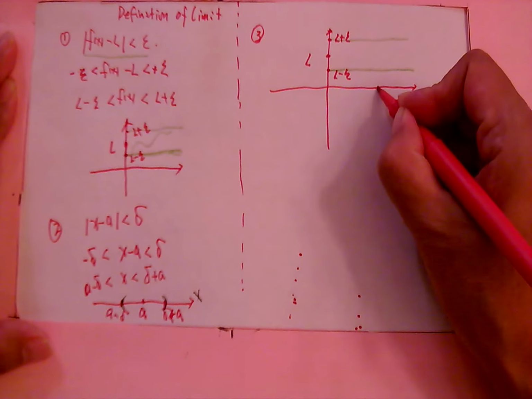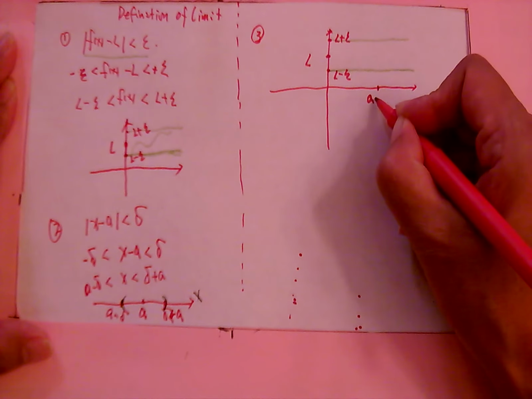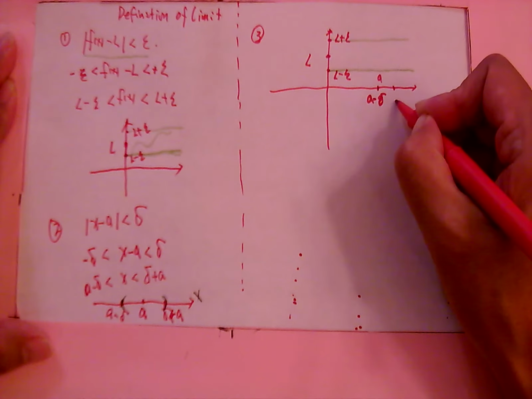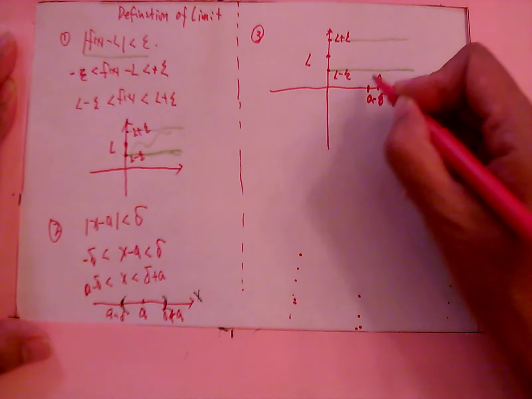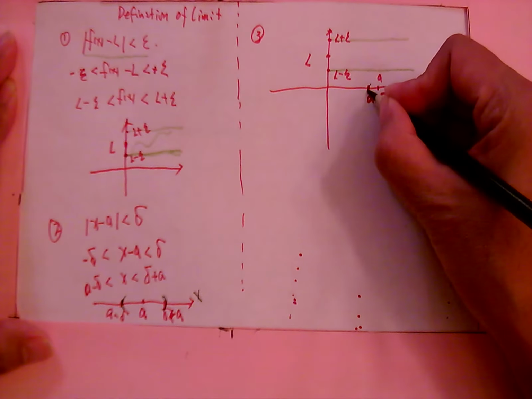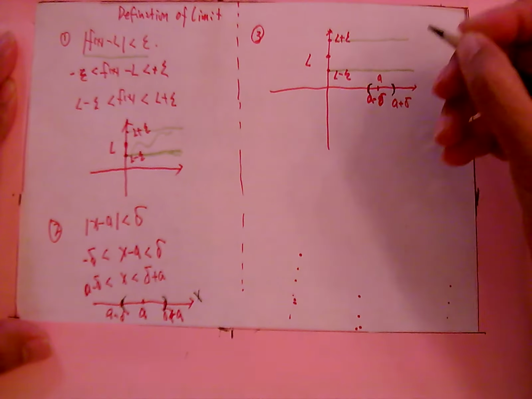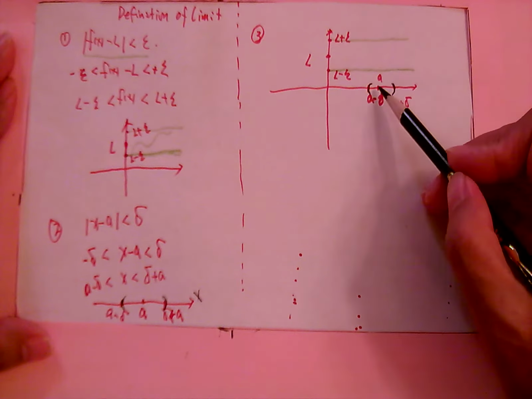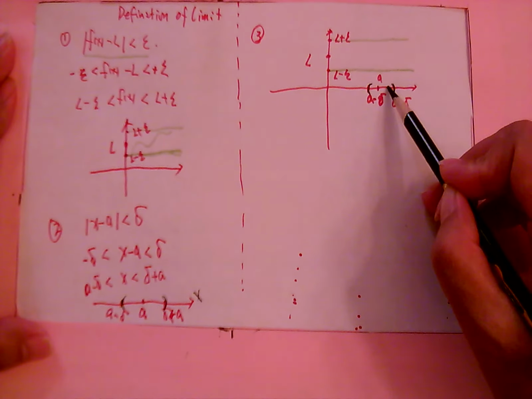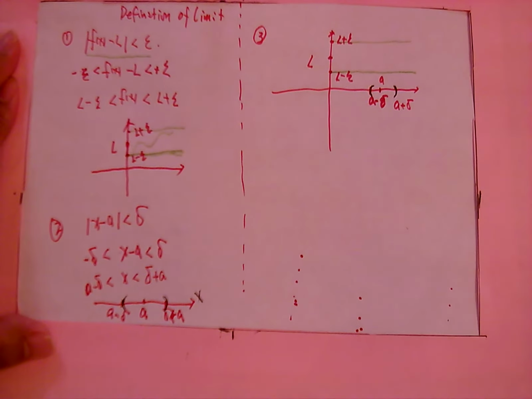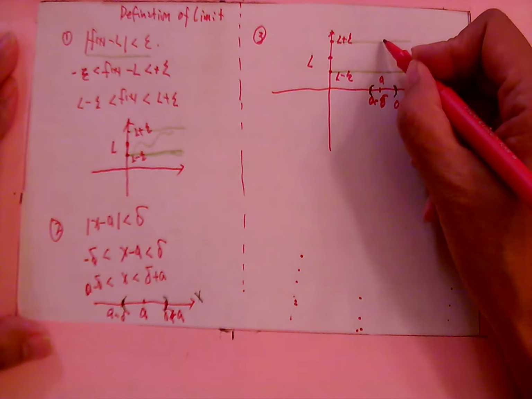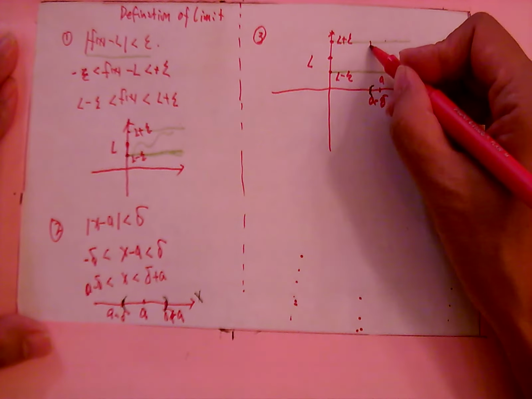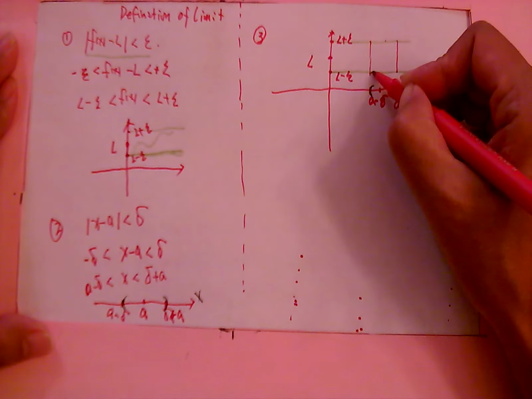And then you have a, a minus delta, a plus delta. So you have this open interval. How do we combine this together? That means when x is in this black interval, the graph must be inside these two parallel bars. So the function must be inside this box.